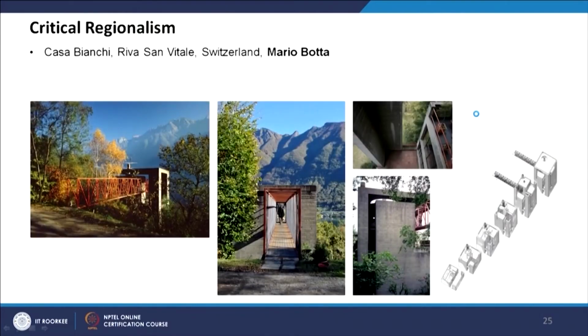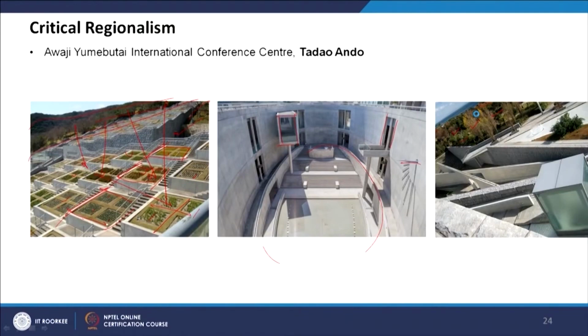But within that building at Awaji Yumebutai, again water and light come within the building, and the way Tadao Ando uses natural light is also there in the building.